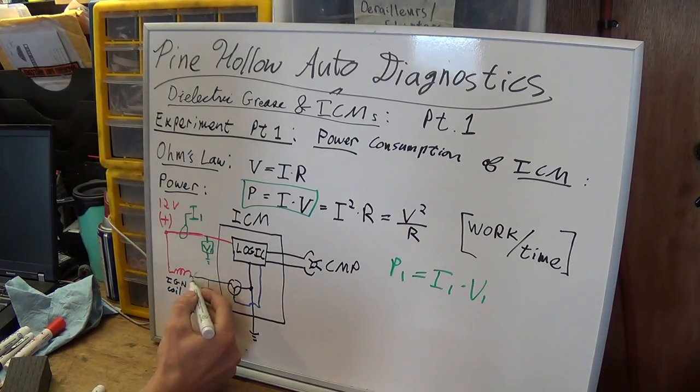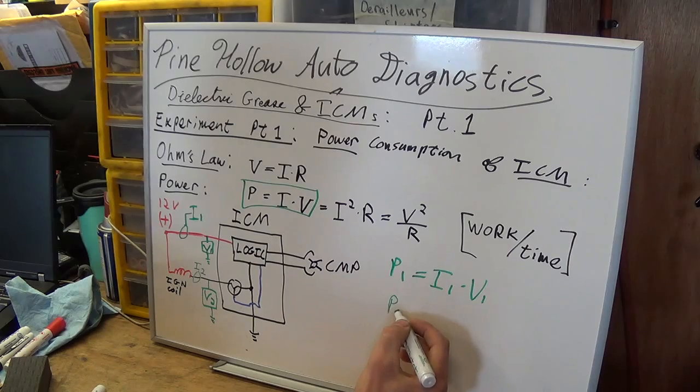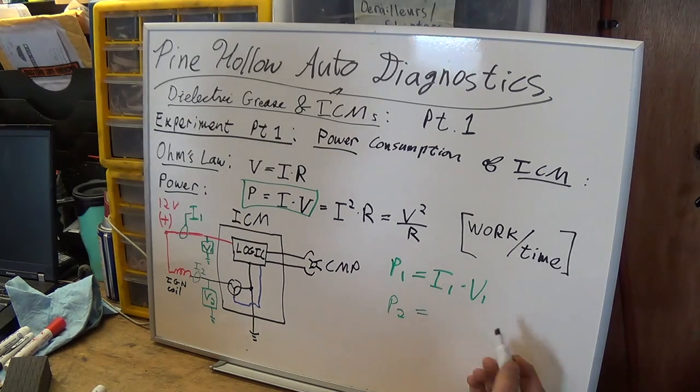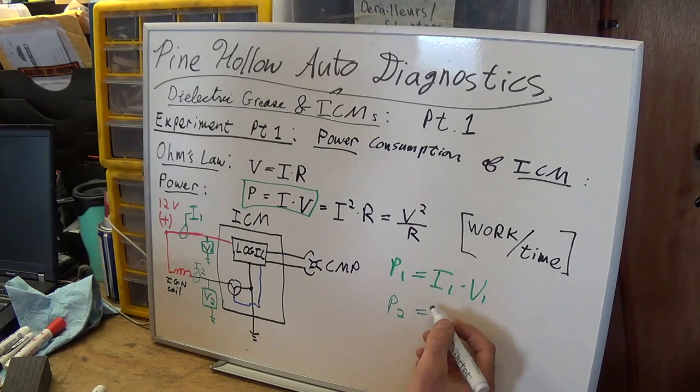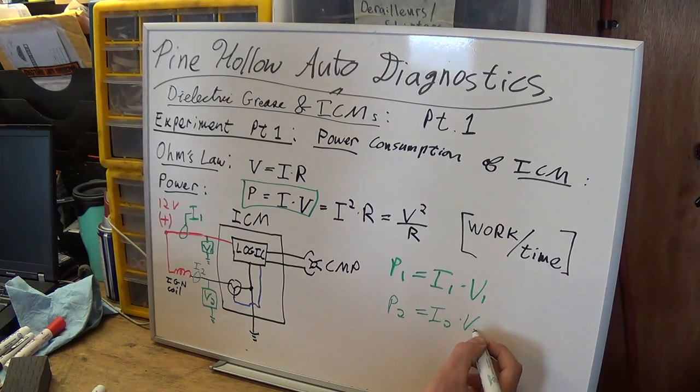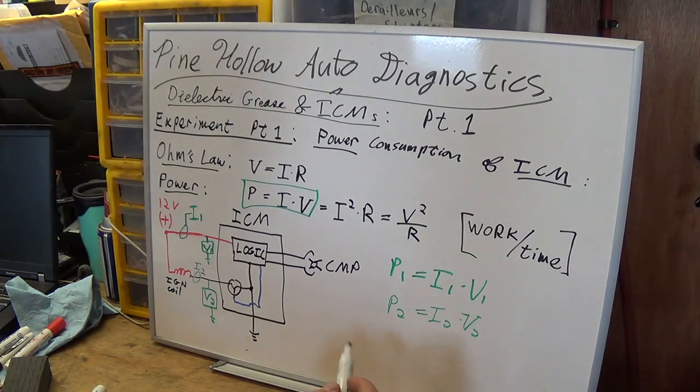And we'll take a current measurement, call it I2. So the power consumed by just that transistor will be I2 times V2. And that's it. There's nothing else in here that can draw any power.